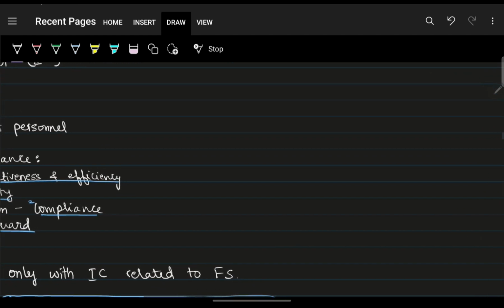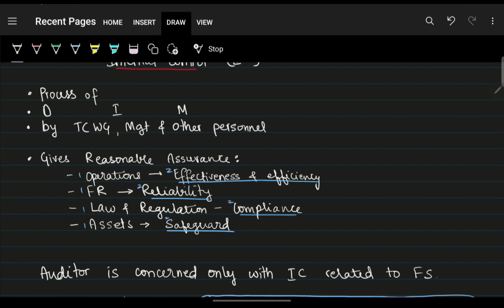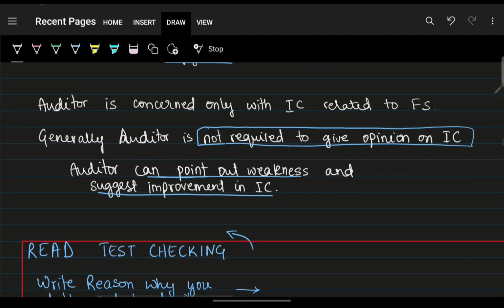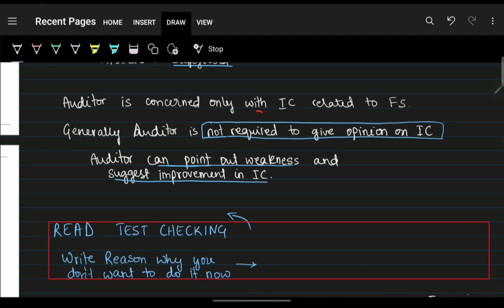Compliance and safeguarding, right? So, reliability as to the financial reporting, effectiveness and efficiency of the operations, compliance with law and regulation, and safeguarding of assets. Okay, simple. Next, the auditor is concerned only with the internal controls related to the financial statements.